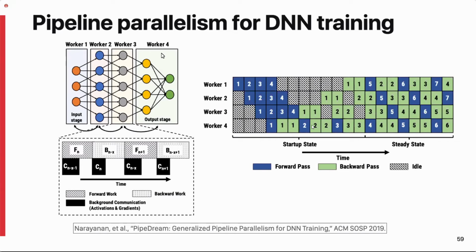But even though this is a recently published paper, with the speed of progress in the area of distributed machine learning or system support for distributed machine learning, this has already been integrated into major frameworks, such as PyTorch, starting from version 1.8. It already supports pipelining parallelism.